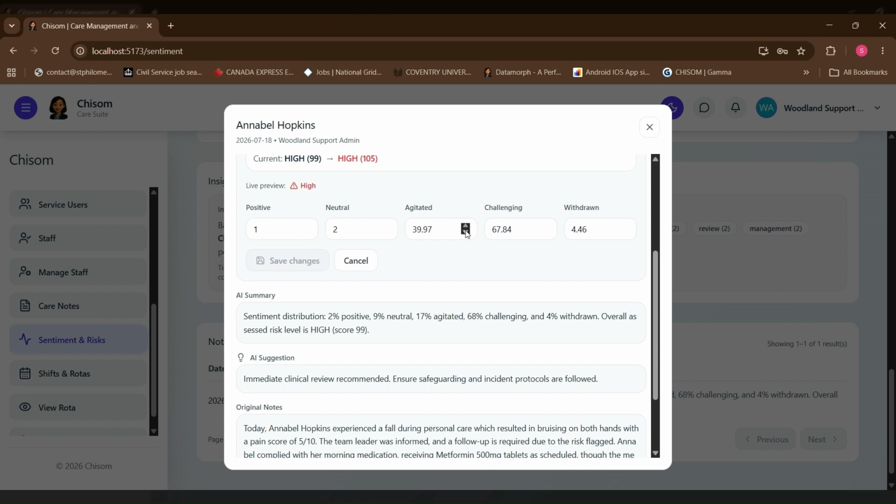So the idea is to have this height be 100, just 100%. Okay, so this is okay.